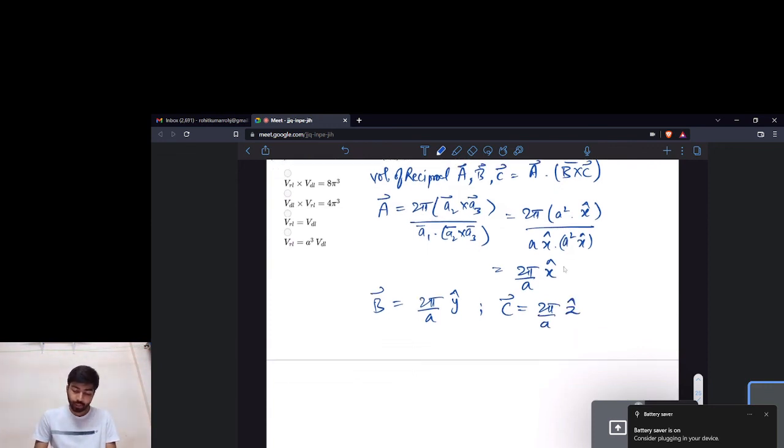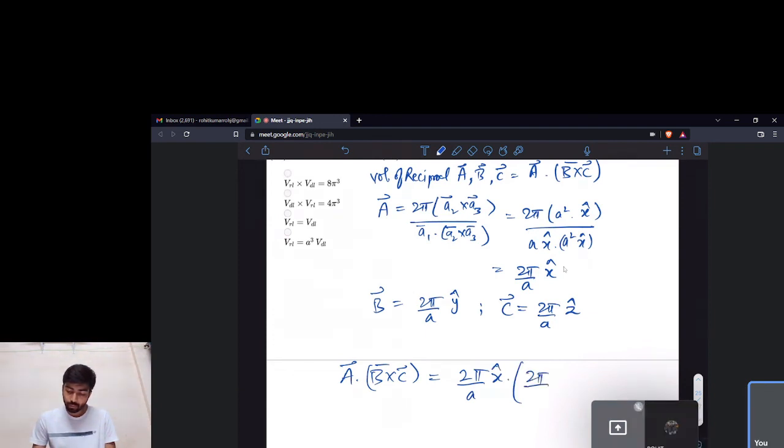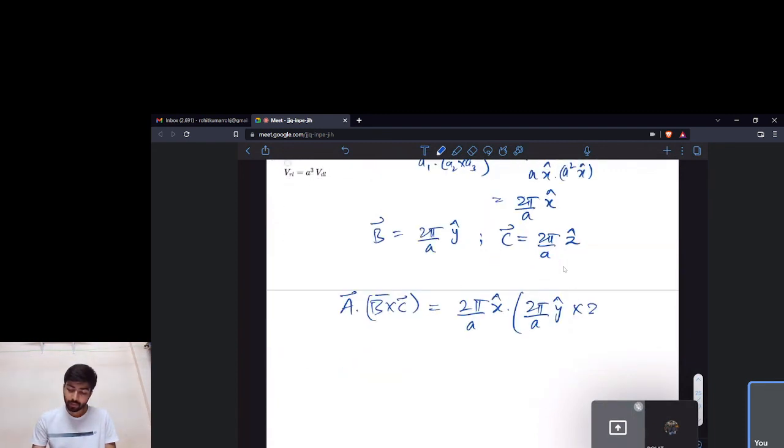So A dot B cross C, that is the volume of the reciprocal unit cell, would become 2 pi by a x cap taken dot product with 2 pi by a y cap cross 2 pi by a z cap. We have 8 pi cube outside divided by a cube into x dot y cross z, which is 1.